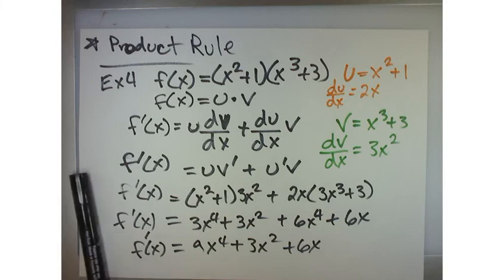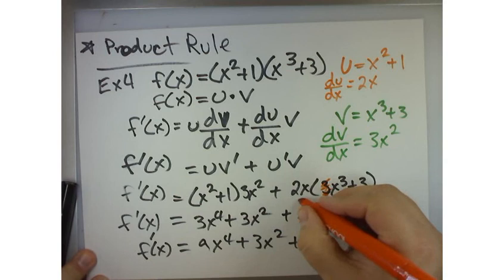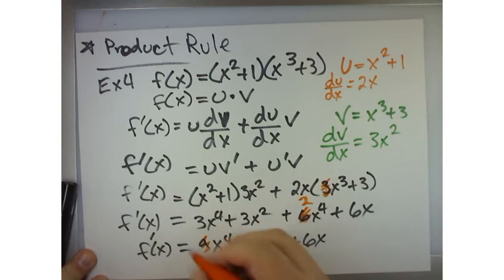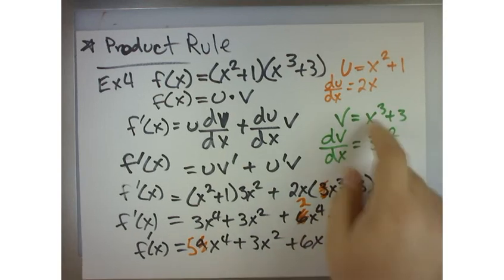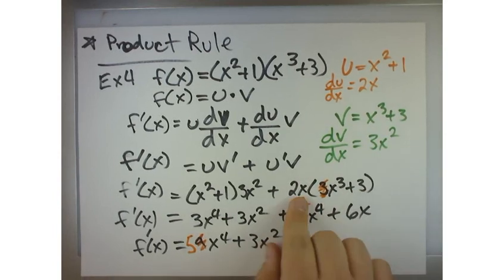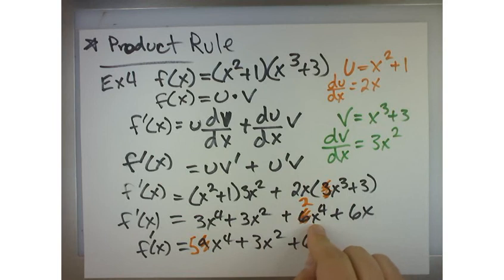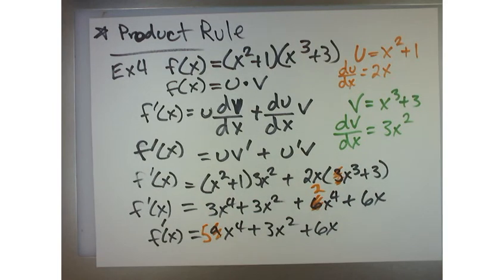Yeah, I was in such a hurry, this should have been just x, so that would make this 2x to the 4th. So this should have been 5x to the 4th. Do you guys see what I did there? I should have written x cubed plus 3, and then 2x times x cubed would have been 2x to the 4th. Then when you combine like terms, it would have been 5x to the 4th. Do you guys see where I made my mistake? Yeah. Okay.